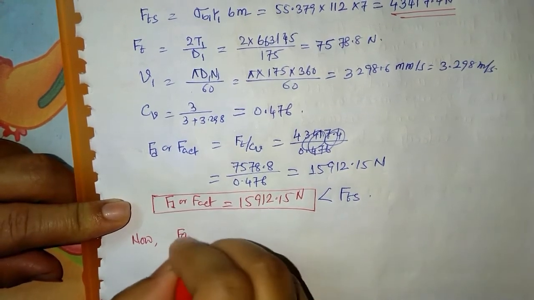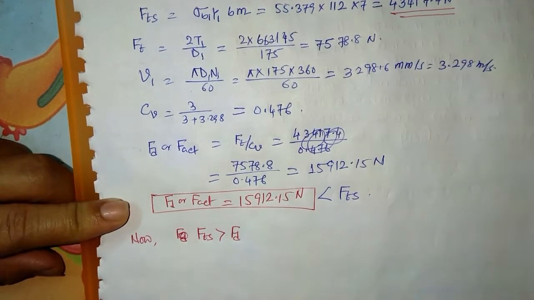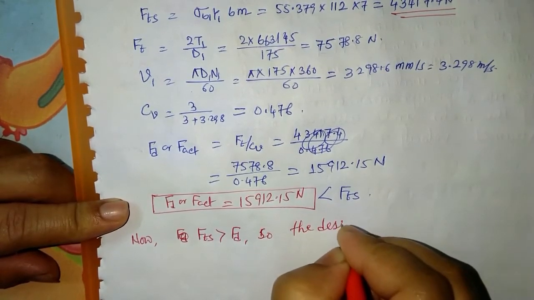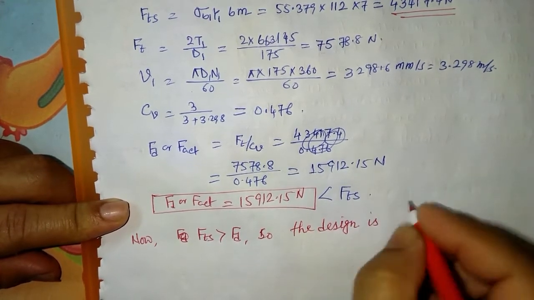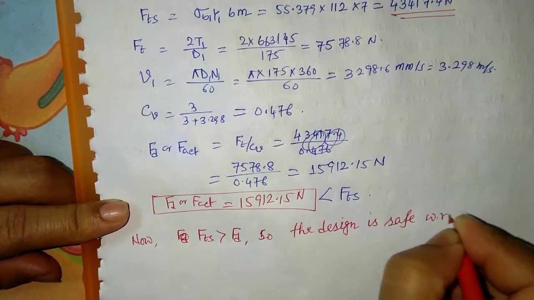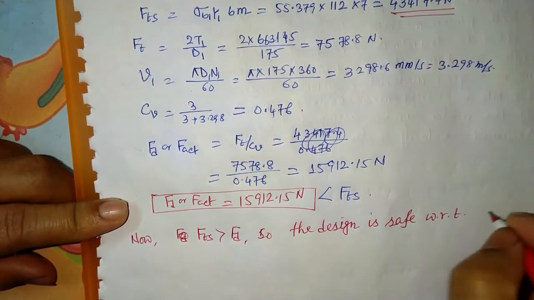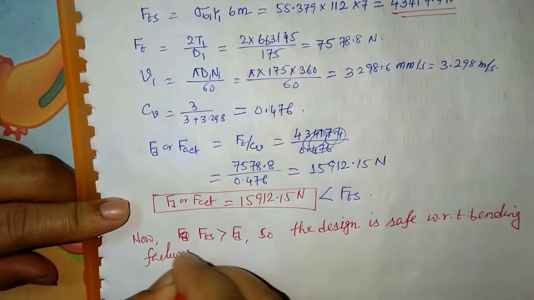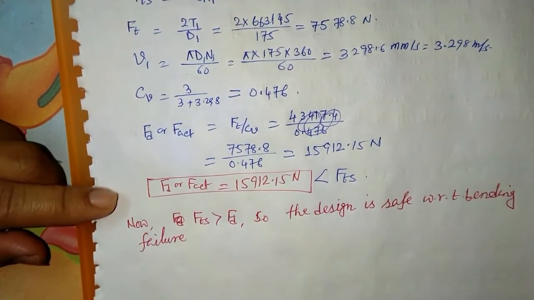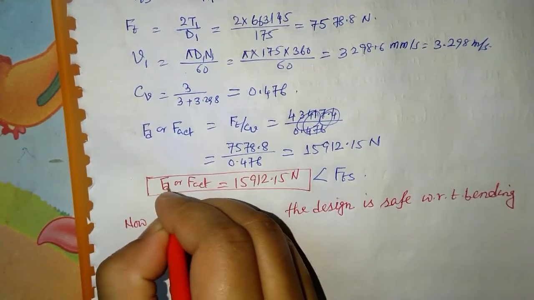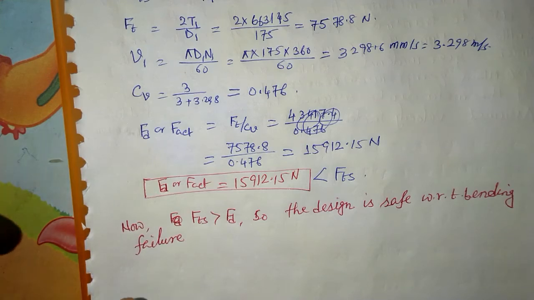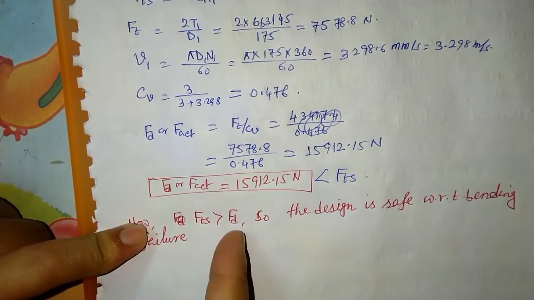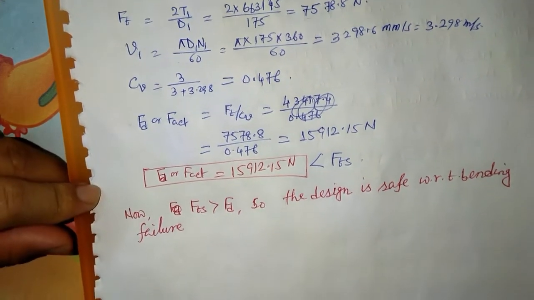F of TS is greater than F of D, so the design is safe with respect to bending failure. Okay, in the last case we saw that F of D is greater than F of TS, so that was not a safe design. But here we get F of D less than F of TS, or F of TS greater than F of D, so the design is safe with respect to bending failure.